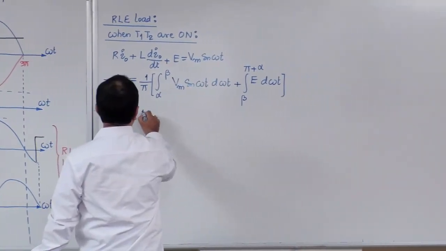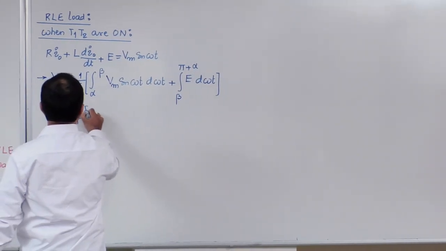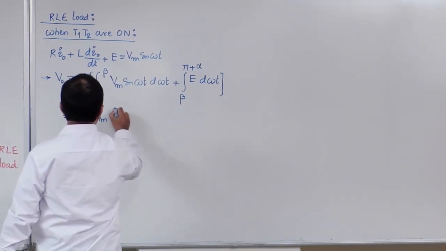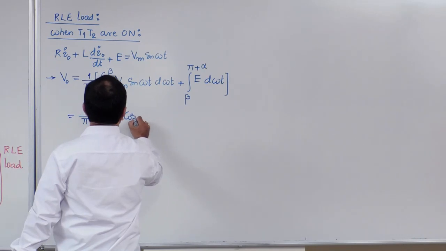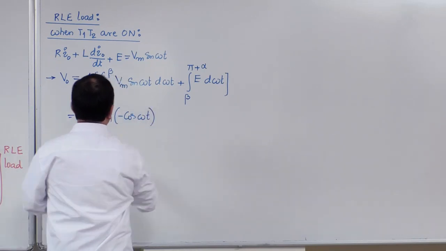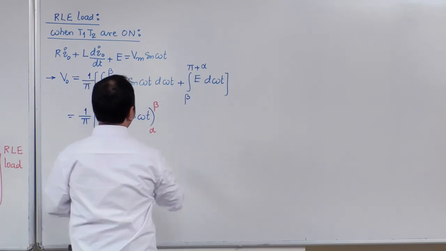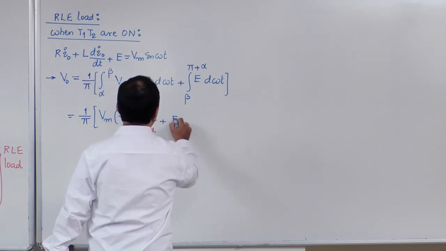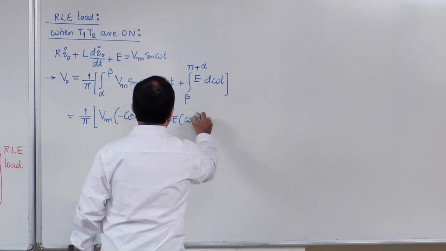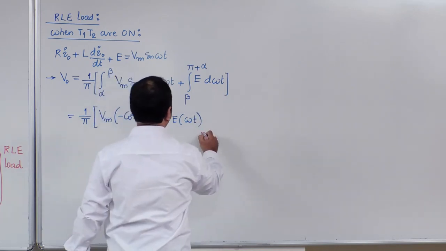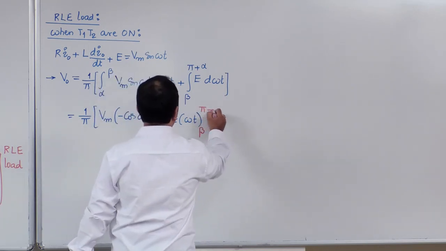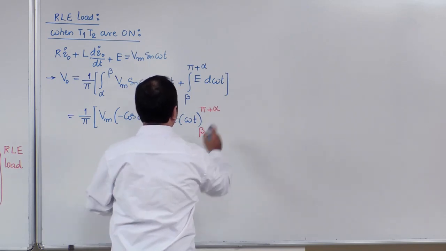Therefore, let us simplify this. 1 by pi, Vm multiplied with minus cos omega t, limits are from alpha to beta, plus E into omega t, limits from beta to pi plus alpha.